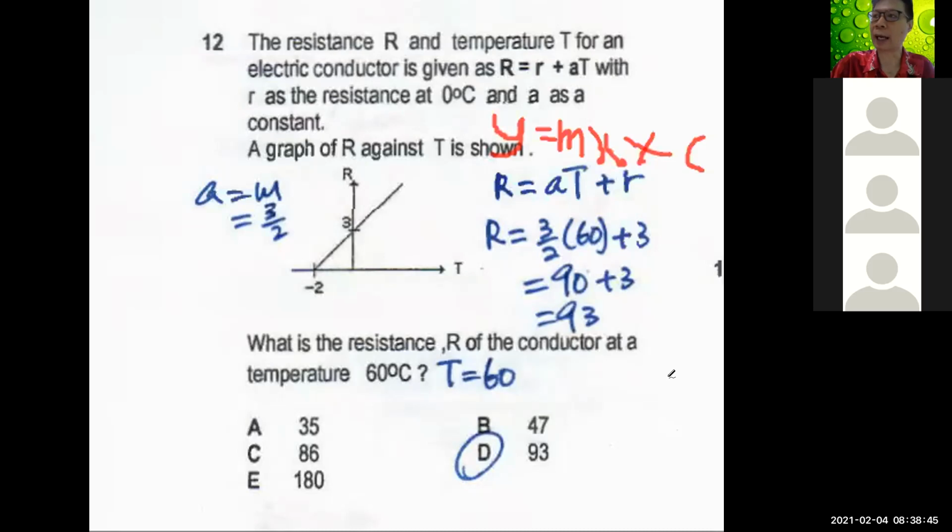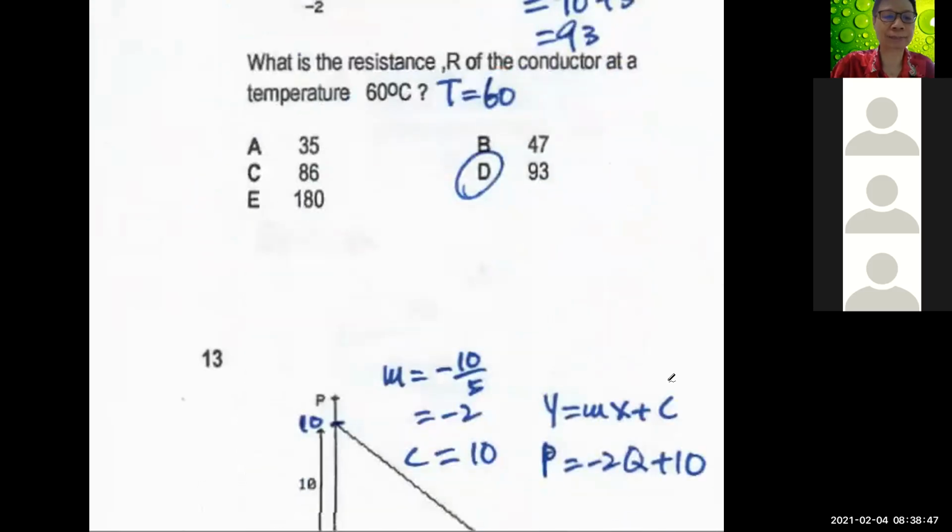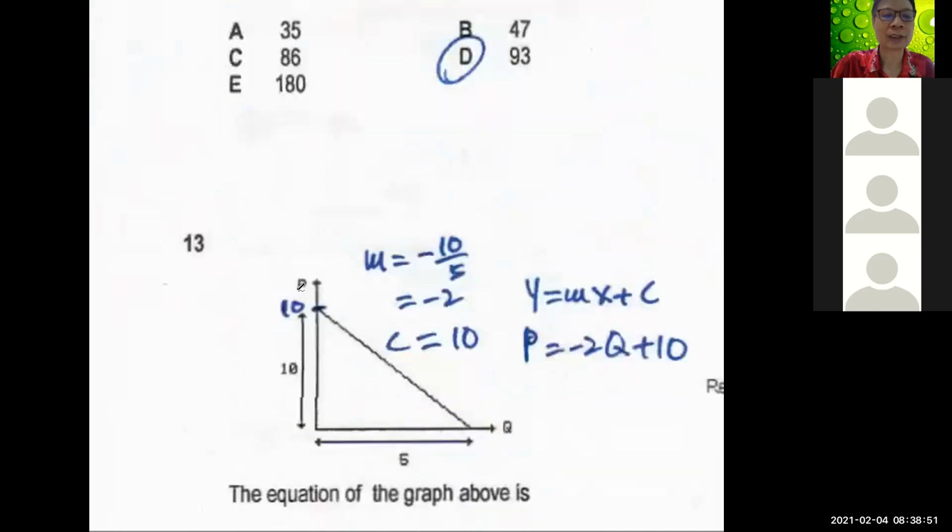Okay, now next, question 13. The equation of the graph. First thing, calculate the gradient. The gradient is 10 divided by 5. It's negative because this one goes downhill, so you put negative 10 divided by 5, and you get -2 as the gradient. The y-intercept: you see the line cuts the y-axis at number 10, so c is 10.